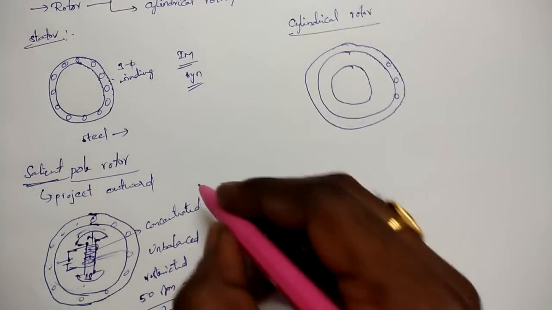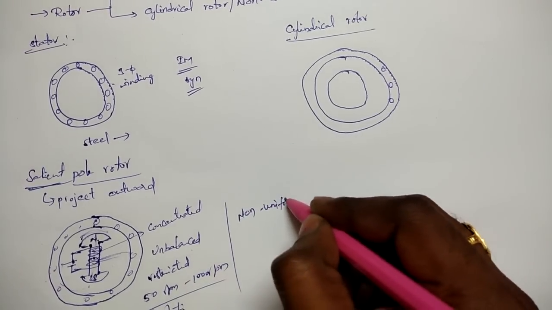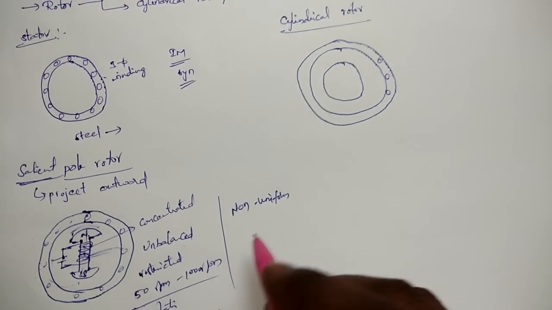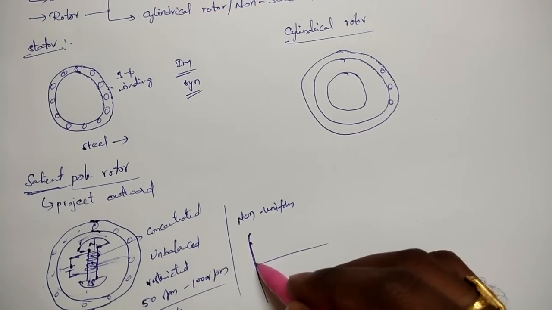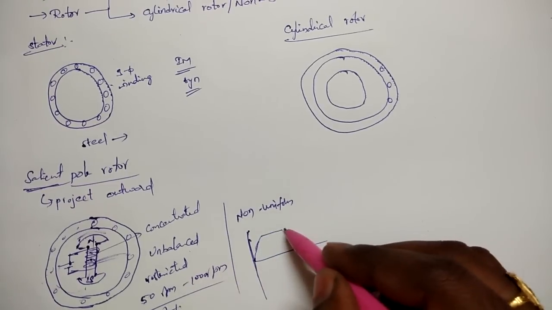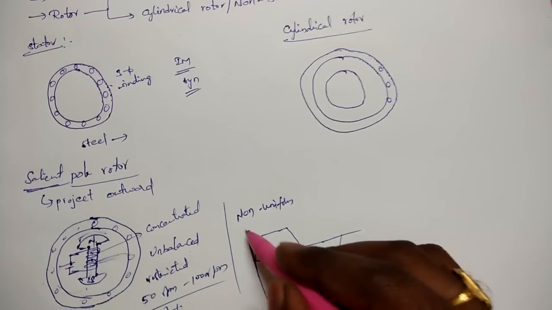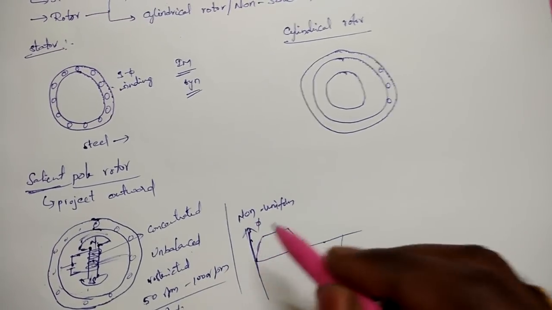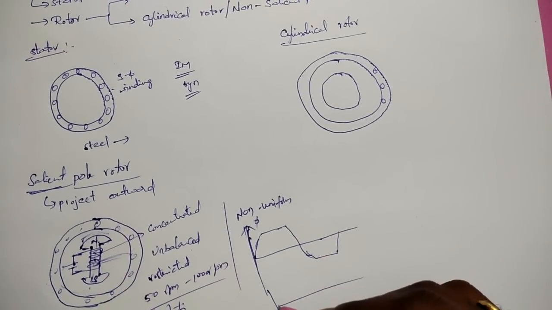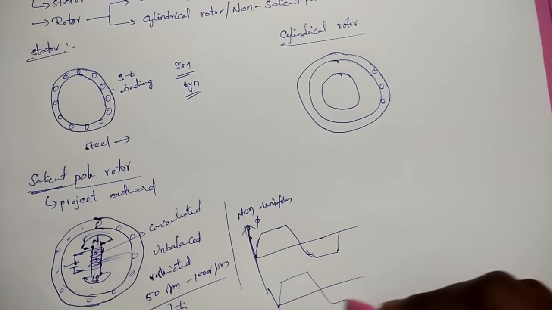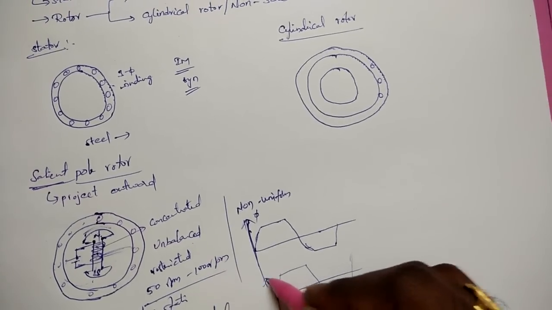Because of the non-uniform air gap, the flux distribution is a trapezoidal wave, so the EMF induced in the winding is also trapezoidal, not sinusoidal.